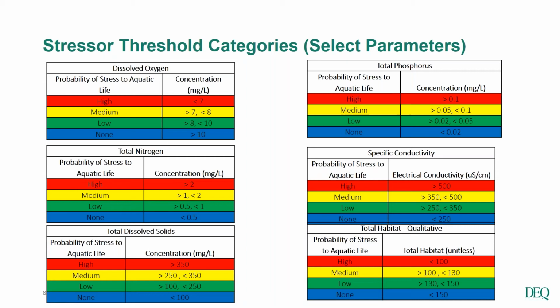So here we're just showing 6 of them, but what we see here is the probability for aquatic stress according to these numbers. What these numbers are telling us is that for a stream that has a total phosphorus concentration that's greater than 0.1 milligrams per liter, in 90% of the streams that have that level of phosphorus, we see an impaired aquatic community. And so again, it's just a correlative analysis.